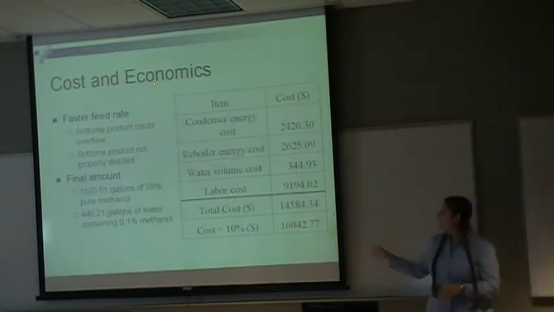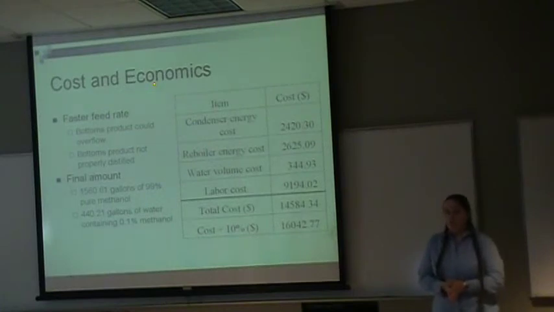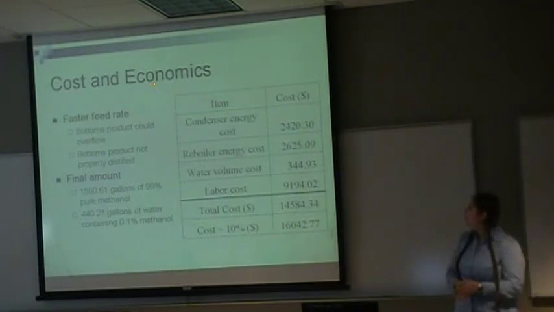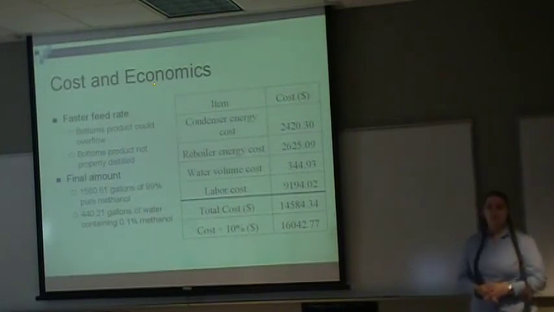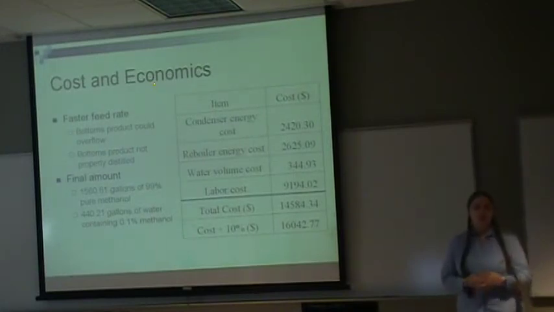And then this is just a small chart of our costs. The total energy cost of the condenser is $2,420. The reboiler energy cost was about $2,625. The cost of the water volume that is going to be run through the condenser was $344.